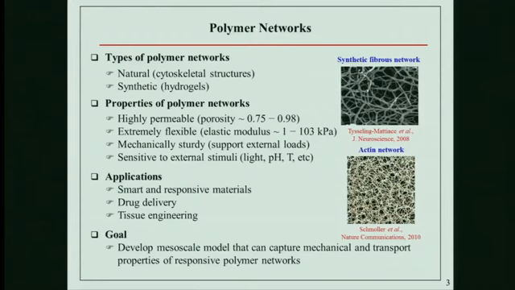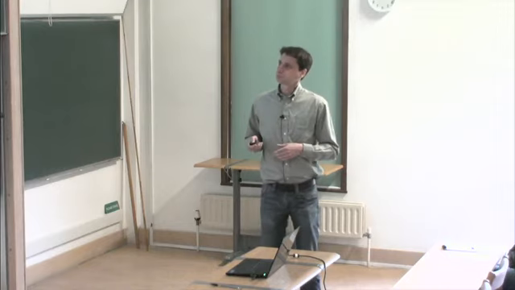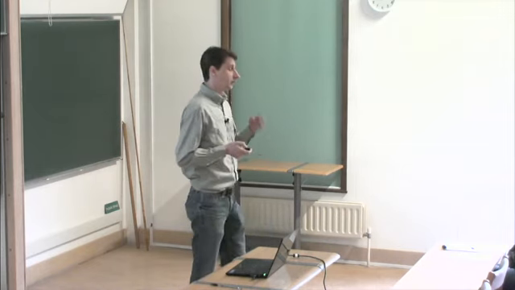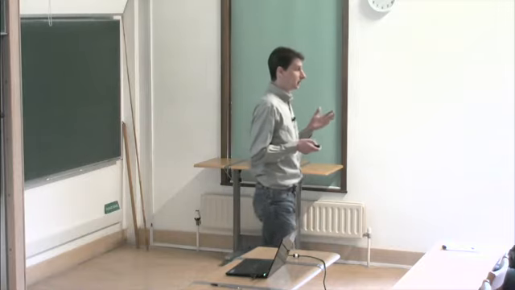For example, in our body joints we have a layer of hydrogel that helps us reduce friction if we bend, I don't know, a knee, right? What is also very nice about these materials is they're typically sensitive to environmental stimuli.